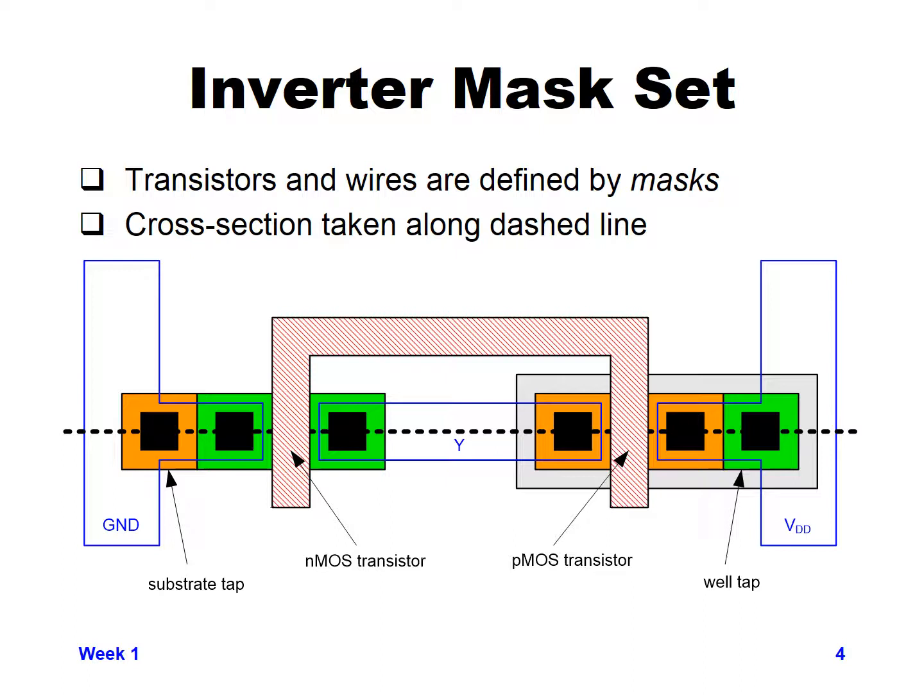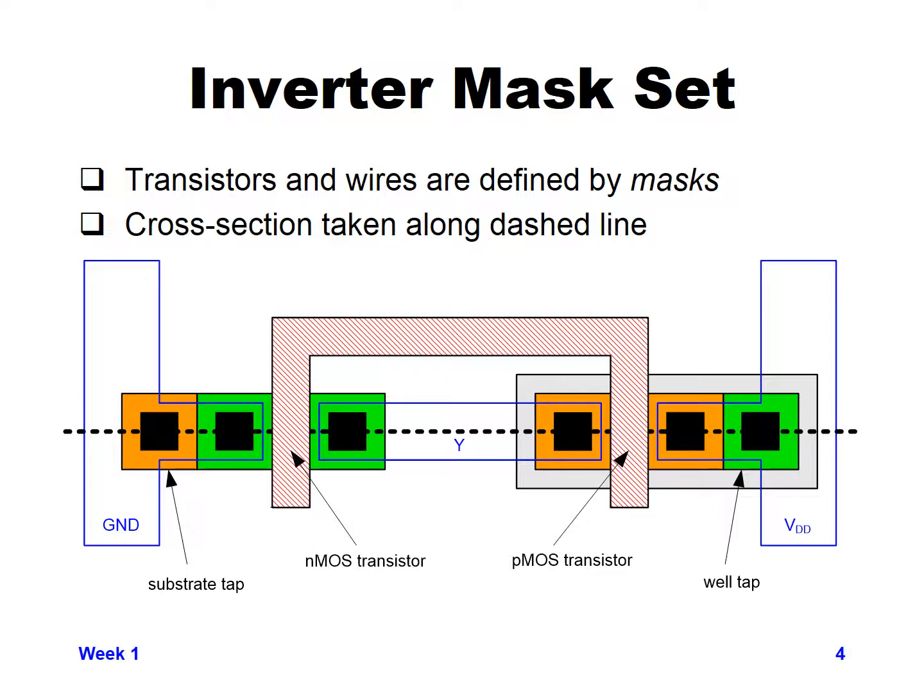On the left hand side, you'll see there's a big black square over the substrate tap and over one of the NMOS transistor connections, over the other NMOS N plus region, and then there's three on the right hand side, which are the connections to the PMOS transistor source and drain and to the N-well connection. So those big black solid squares are basically via connections that will connect between the metal and the substrate, or the silicon.